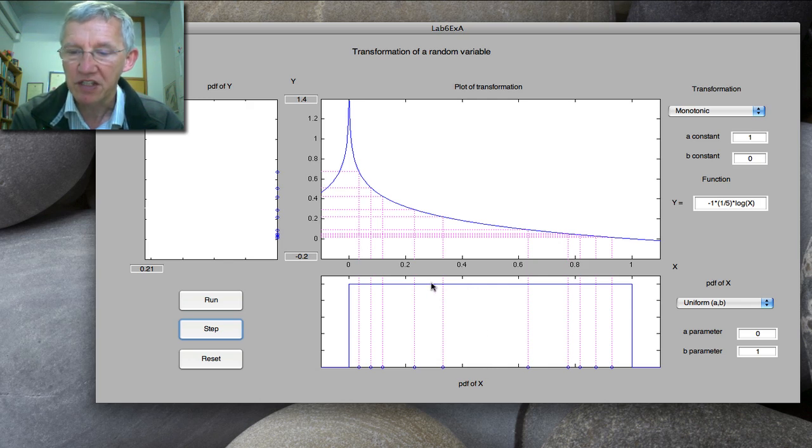If the value for x is in this half of the distribution for x, then it's going to hit the curve in this section. So half the probability for y will be concentrated in this small area here, and the other half will be stretched out between there and positive infinity, because the logarithm goes down to negative infinity, so minus 1 over alpha is going up to positive infinity, so there's no upper limit on the values for y.